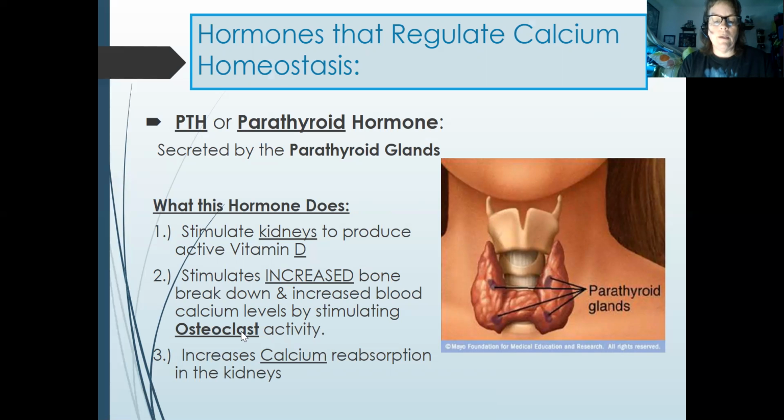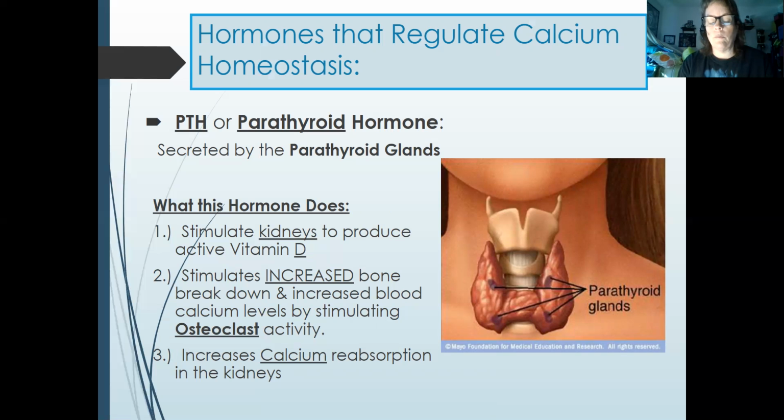Okay, it's going to stimulate osteoclasts. Remember, osteoclasts are the cells that break bone down. And as it's breaking it down, it's releasing the calcium. All right, and then it also increases calcium reabsorption in the kidneys. So your blood is regulated throughout your body, and it flows through your kidneys.